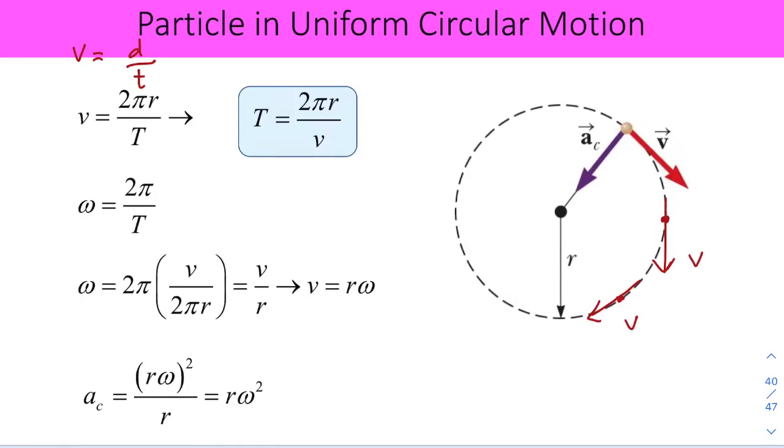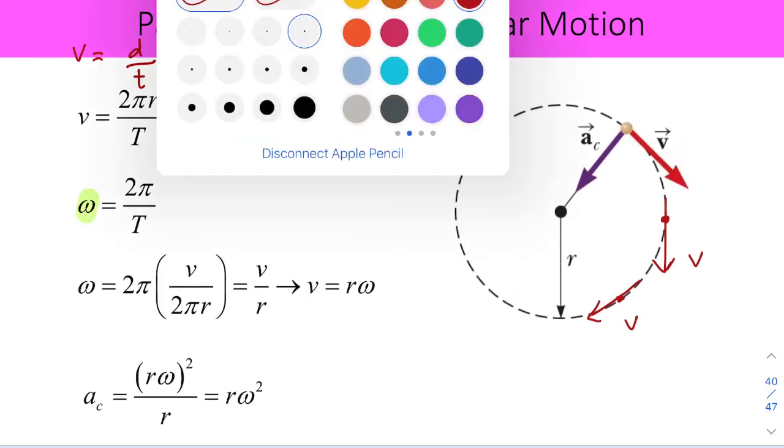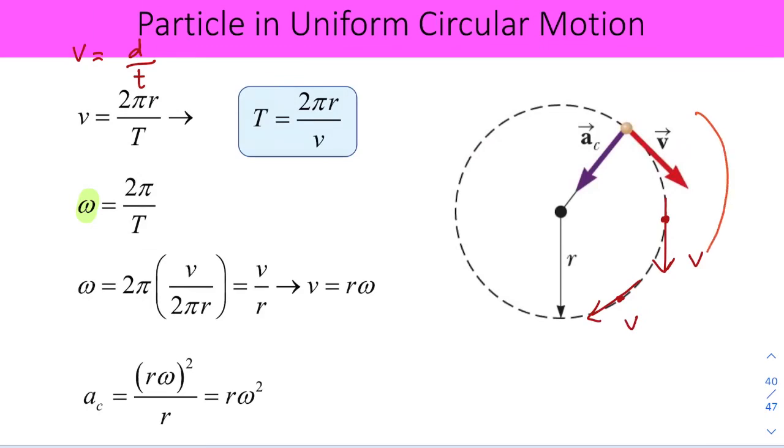Angular speed or angular frequency is symbolized as omega. So at any instant, the object is rotating about a fixed point, which is the center of the circle, with circular speed or angular speed of omega.